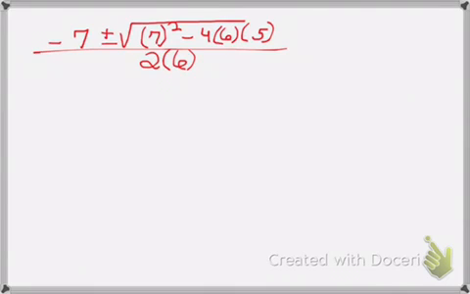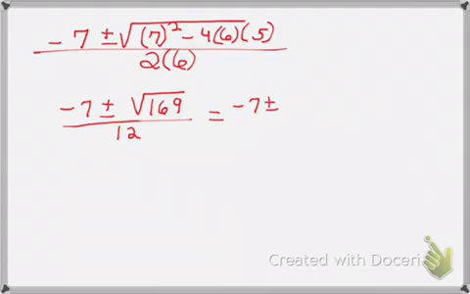And when I put everything that's under that square root in the calculator, I end up with 169. And I'll just bring everything else down. And 2 times 6, of course, is 12. Well, the square root of 169, that is a perfect square. It equals 13. So therefore, I have -7 plus or minus 13 over 12.